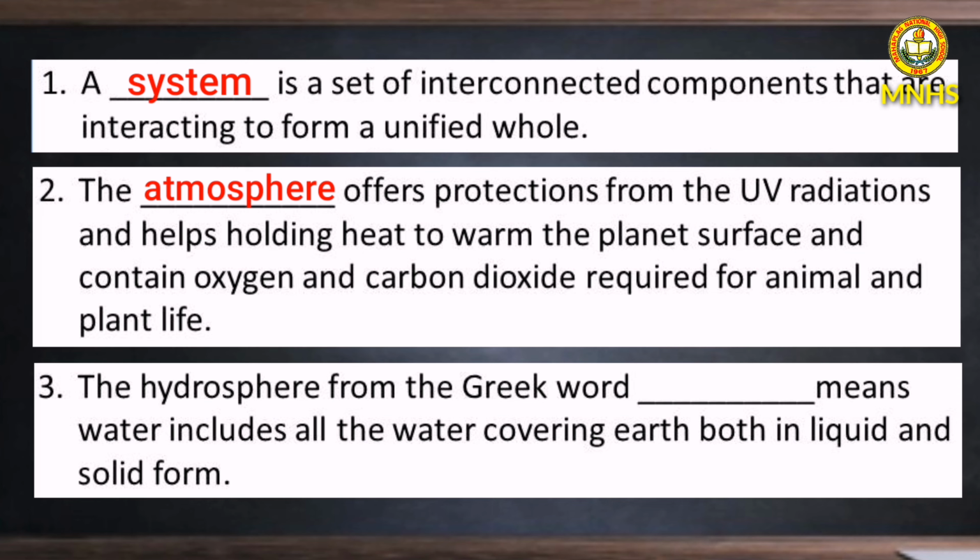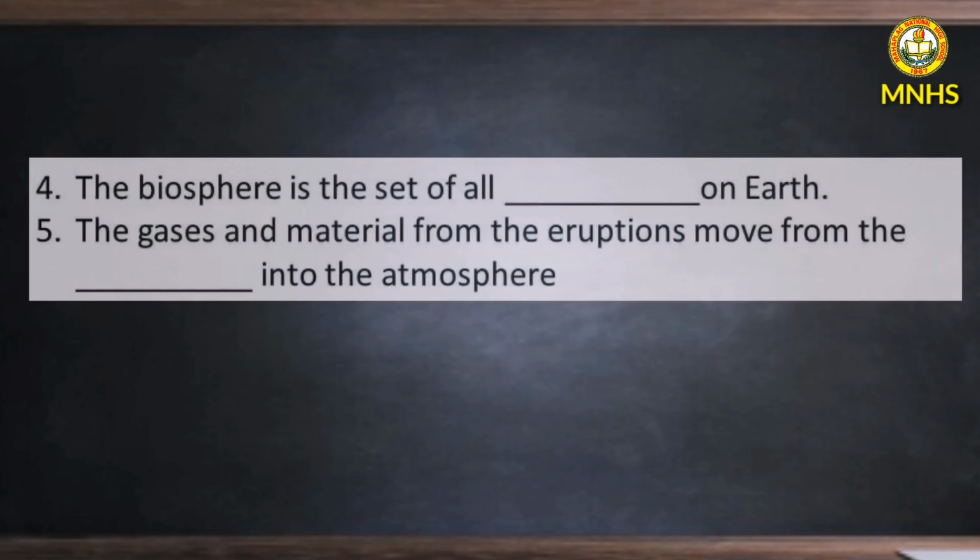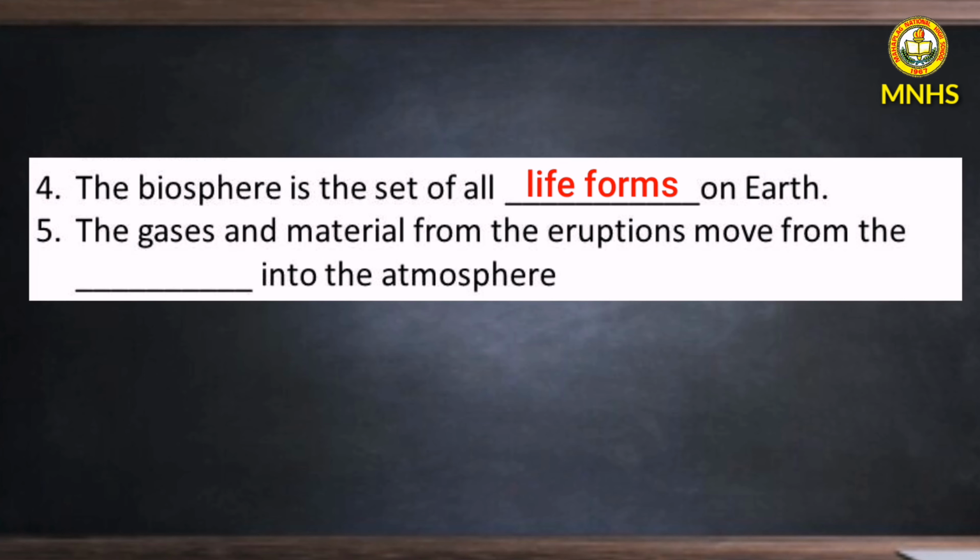The hydrosphere, from the Greek word hydro, meaning water, includes all the water covering Earth both in liquid and solid form. The biosphere is the set of all life forms on Earth. The gases and material from the eruption move from the lithosphere into the atmosphere.